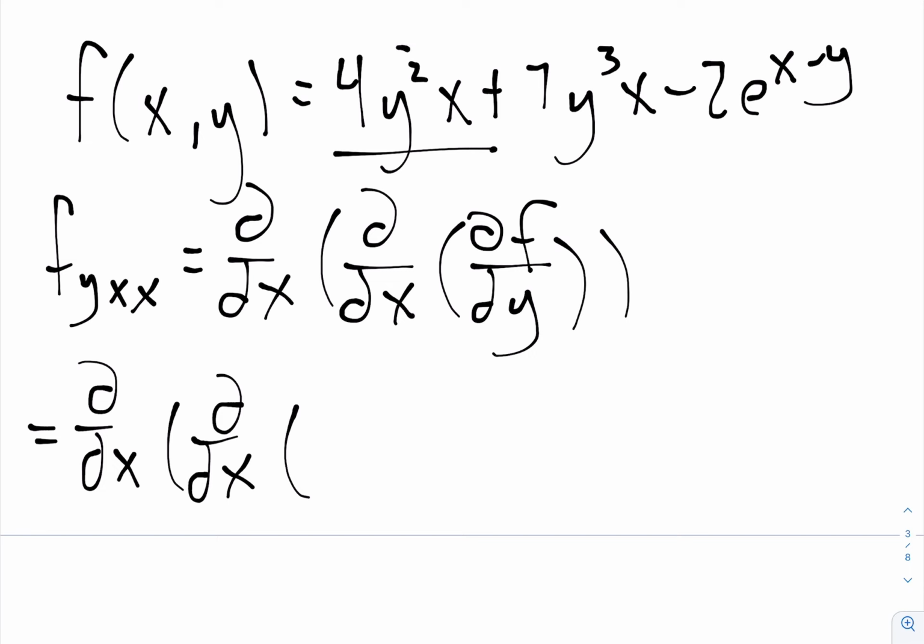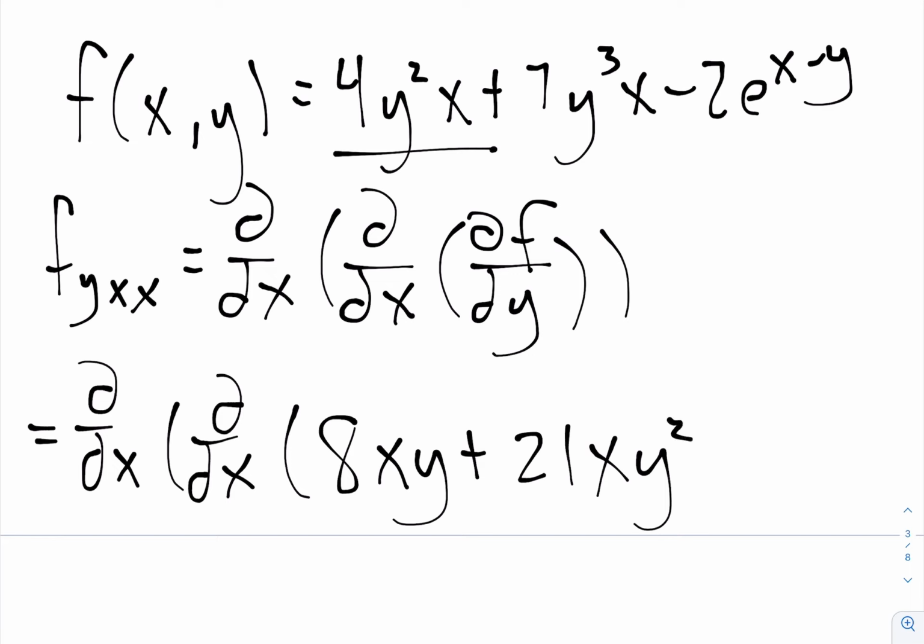If we bring this 2 out front and reduce the exponent by 1, it's going to be 8xy. Then we're going to add, same thing here, bring the 3 down, multiply it into the 7, reduce the exponent by 1. So it's going to be 21, and then we still have this x attached, y squared. And now we're going to differentiate negative 2 times e to the x minus y with respect to y.